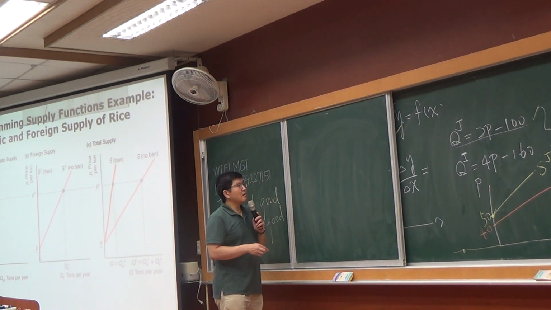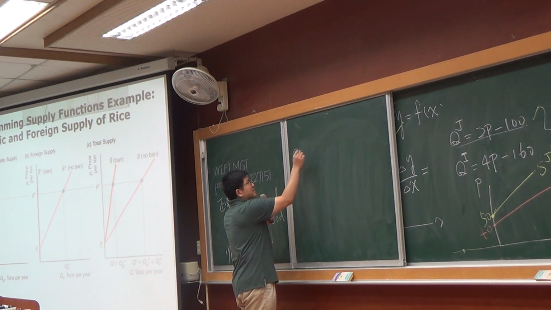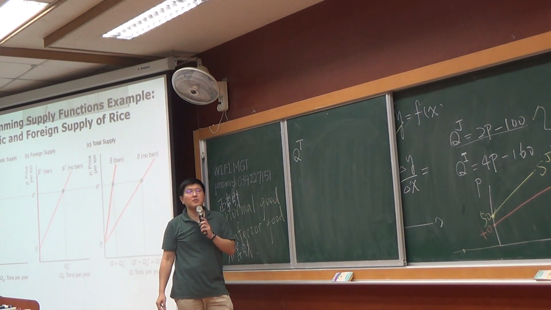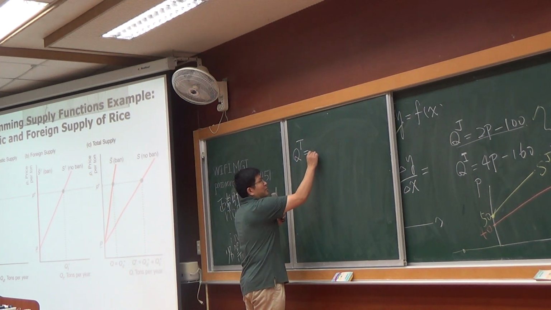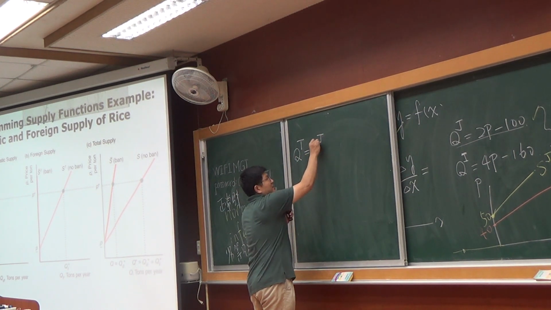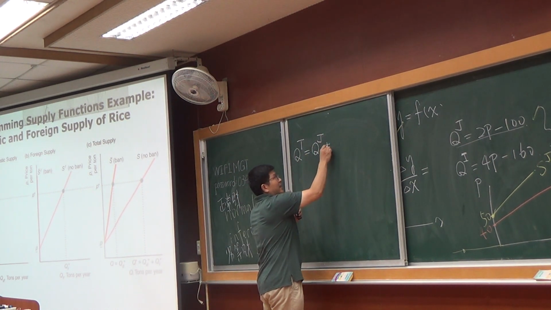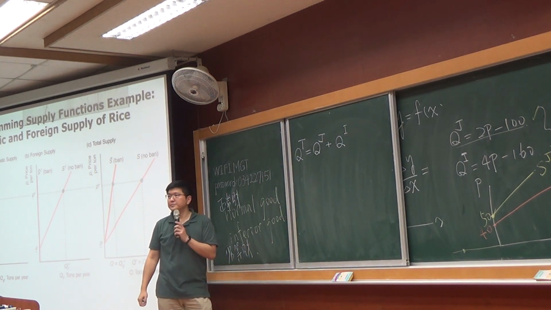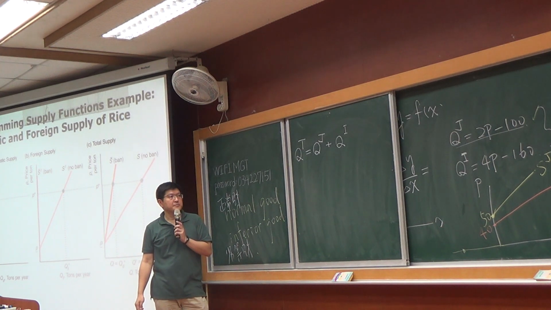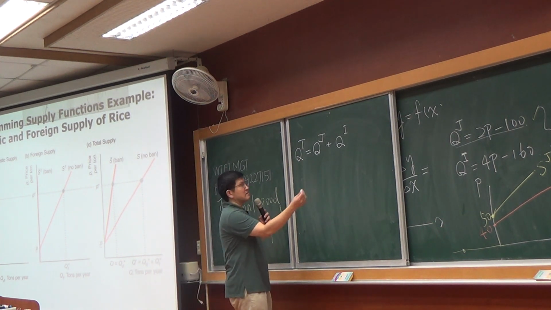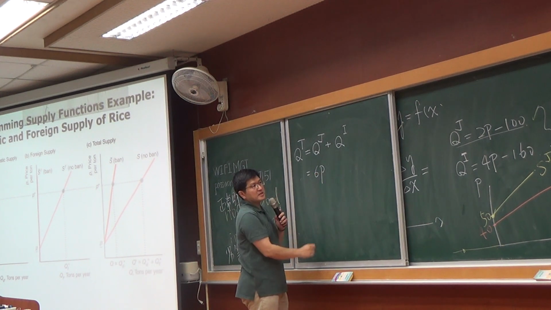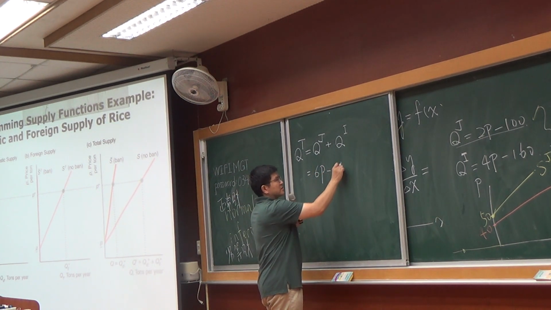Some of you may think, oh, it's quite easy, because the total quantity supplied equals the domestic supply plus the international supply. Then it would be 6P minus 260.